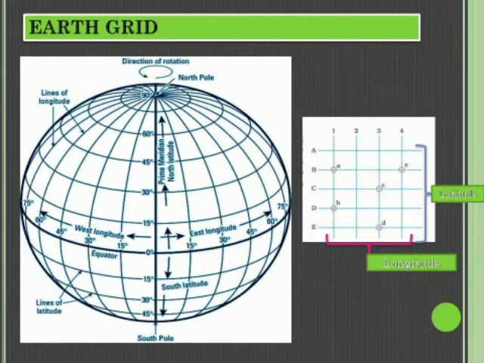See one more picture, children. The lines 1, 2, 3, 4 we call longitudes. The lines A, B, C, D, E we call latitudes. Where they meet, there we identify the location of the place on our earth.